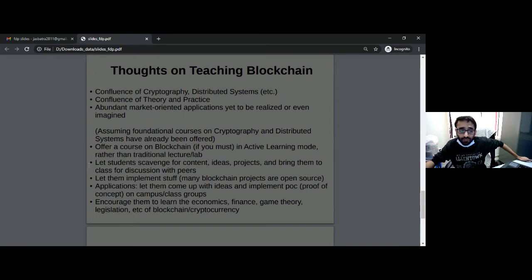As faculty, we should be encouraging students to implement stuff, checking out various blockchain offerings and open source projects, and make it application intensive. Let students come up with ideas for applications, and as projects, you could ask them to implement proofs of concept on a very small mini scale, maybe on campus in class groups.